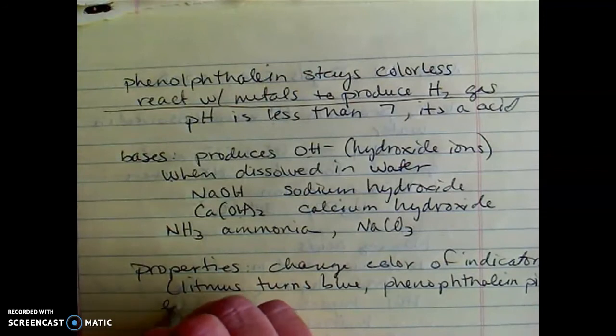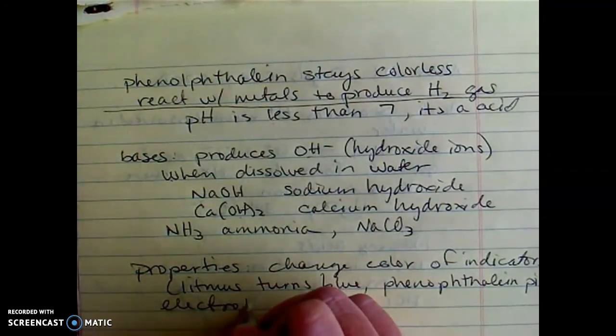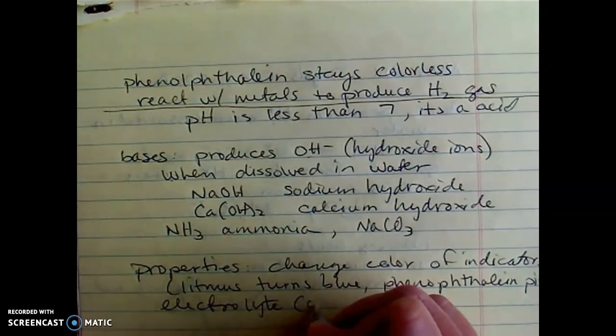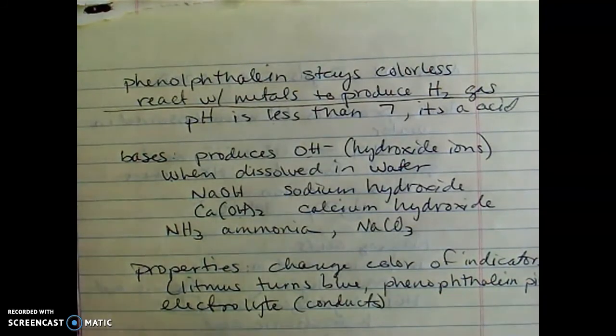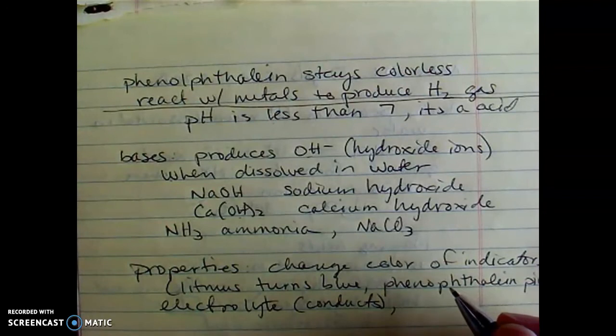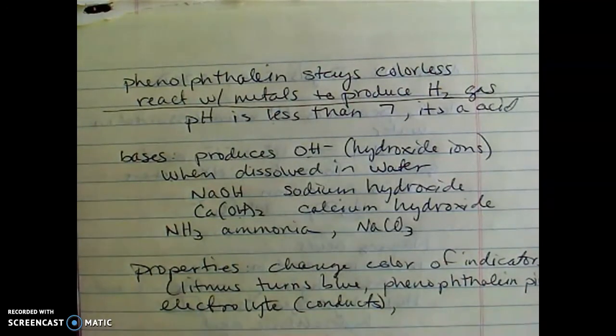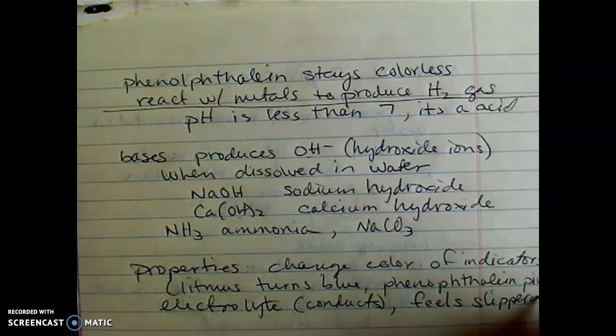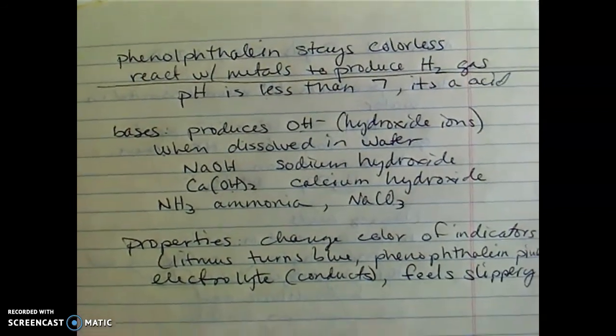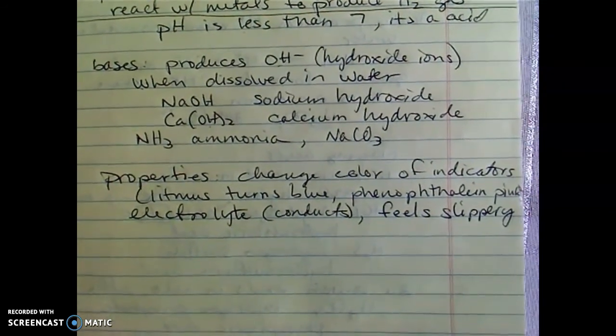It's also an electrolyte. So remember, it conducts electricity. It does not react with metals, but if you get it on your fingers, it feels slippery. Although, again, not a test that you would want to do in a lab because it is corrosive.